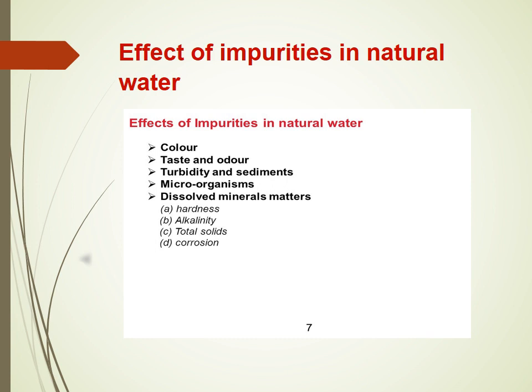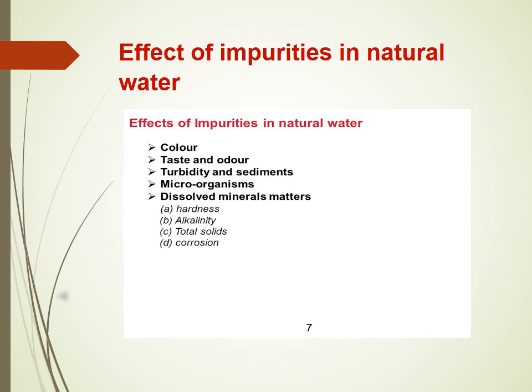Now, the most important qualities of the dissolved mineral matter from the point of view of industrial application are the hardness and the alkalinity. It means that with the help of these two properties of the water, we are able to determine most of the impurities present in the water in order to use it in industry for different applications.